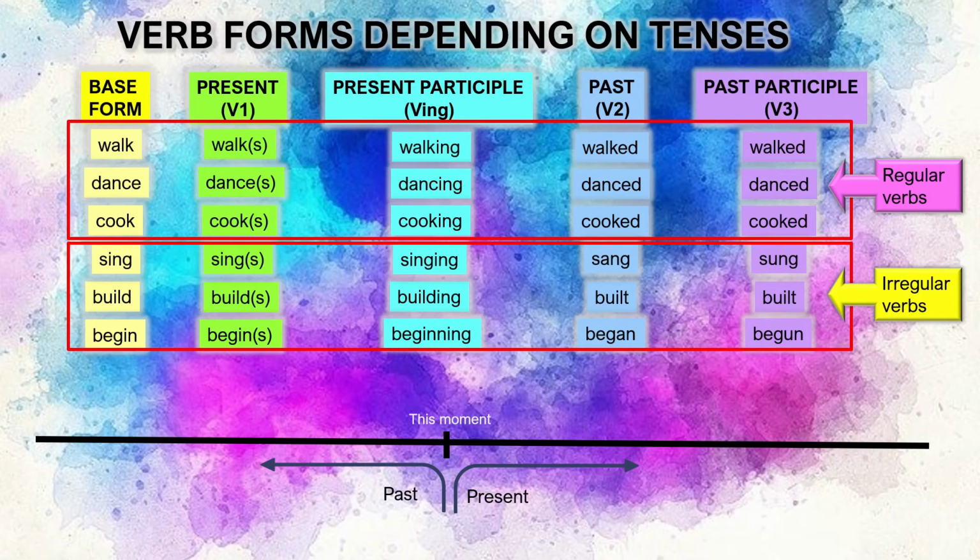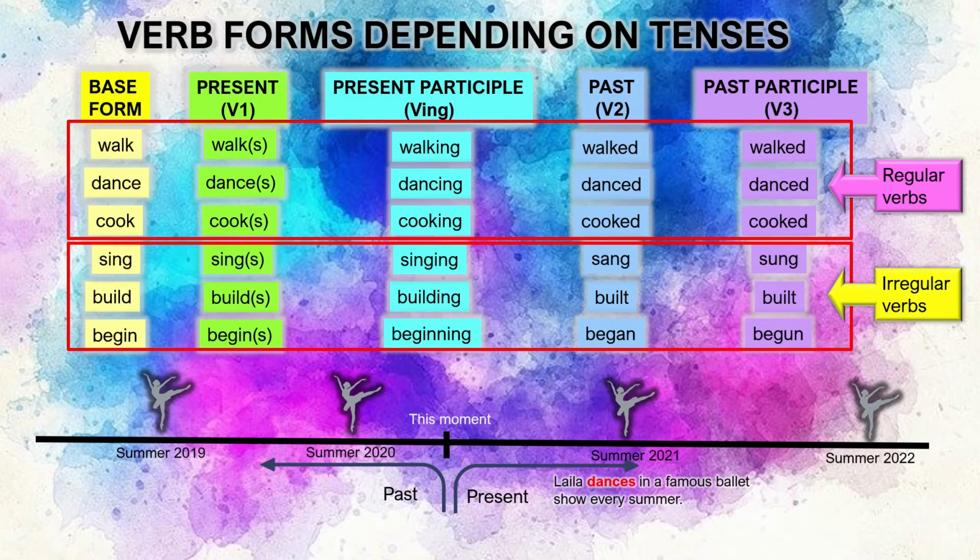And you also have to think about whether the action happens regularly. Like this one: somebody dances in summer 2019, also in summer 2020, also in summer 2021, and also in summer 2022. It means that this person does this every year. If it occurs every year, you have to use the simple present.